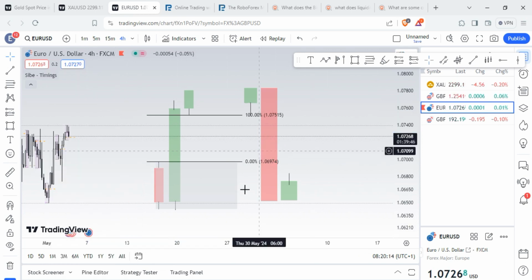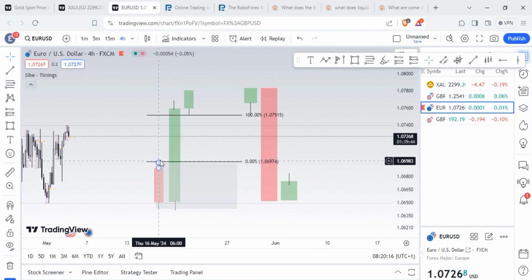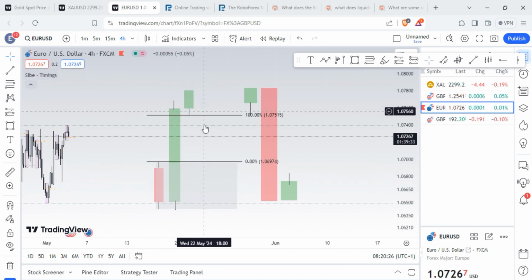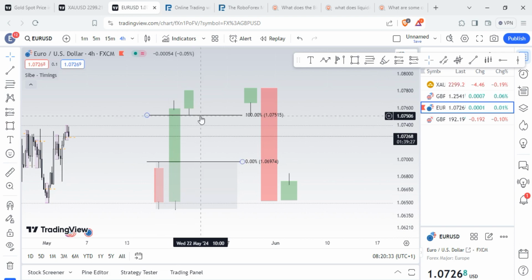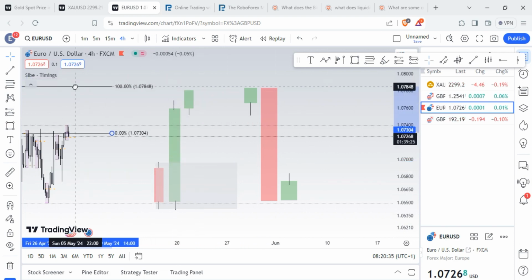So we can see that we have this wick that was the wick of the bullish order block, this particular one. And then the next candle's wick that traded into it, you can see that we have this huge gap. For us to consider this particular market efficient, let me show you what we would have considered.